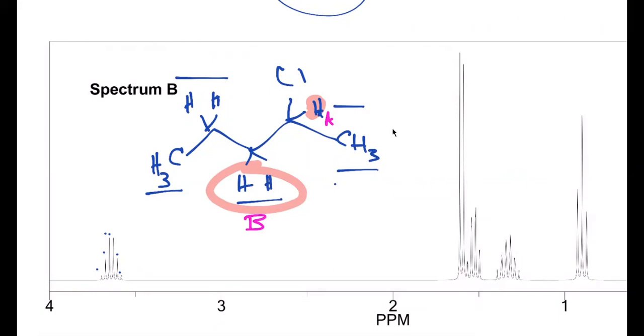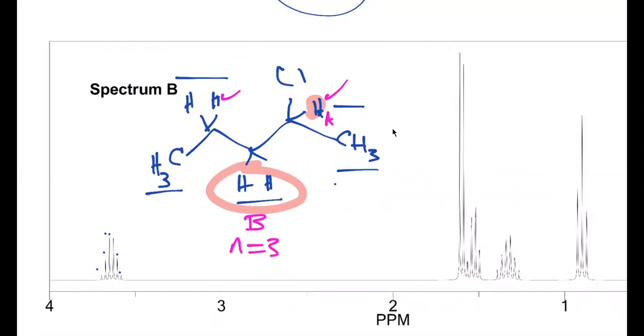All right, so B, where do you think B is? And what should the signal be split into? It's going to be further upfield. And it's got neighbors to the left and neighbors to the right. So it should be a quartet.